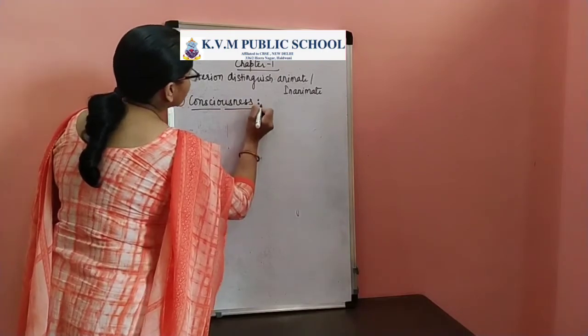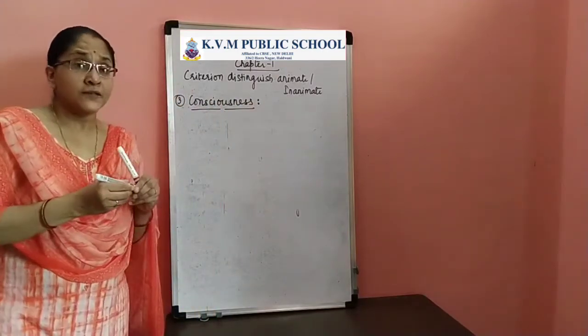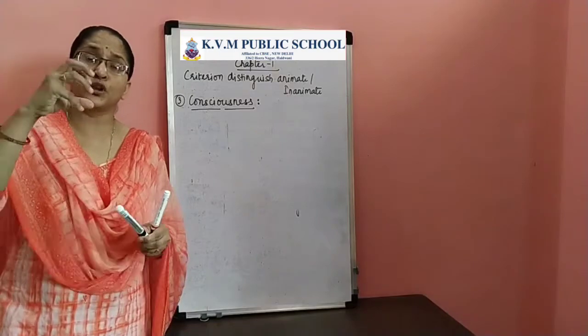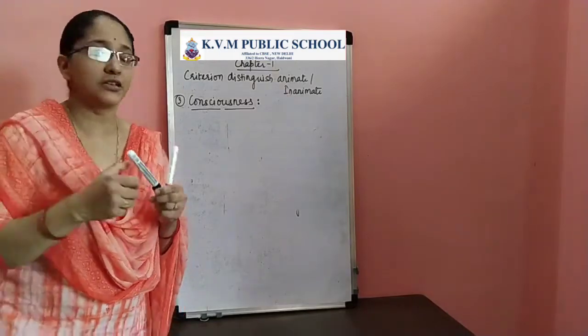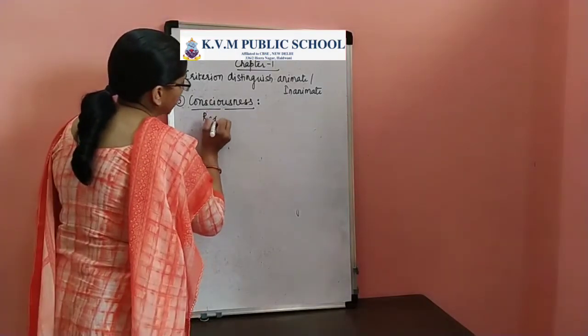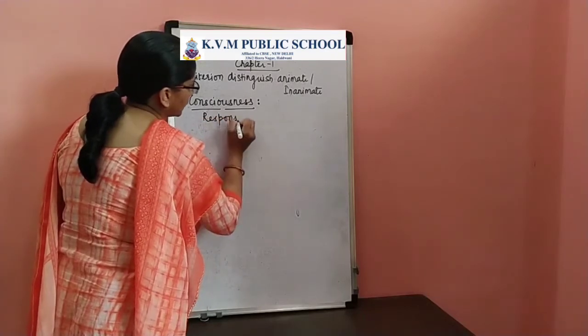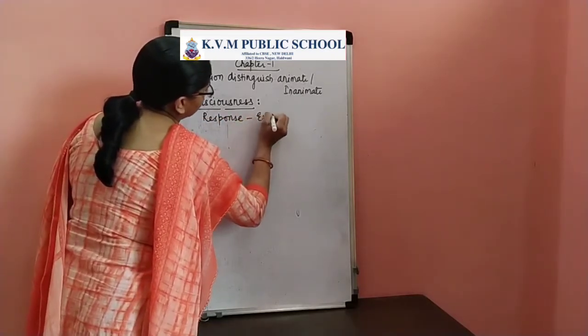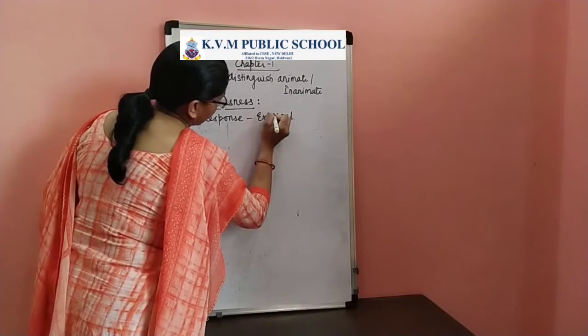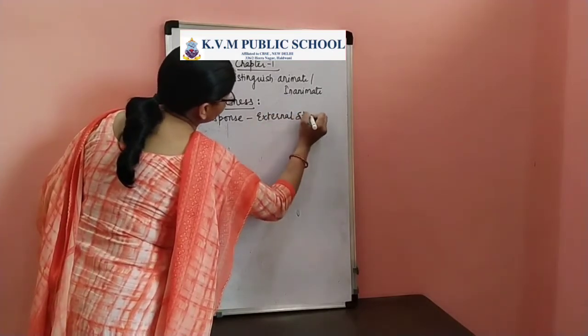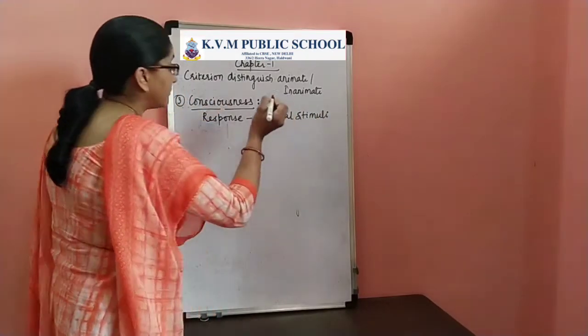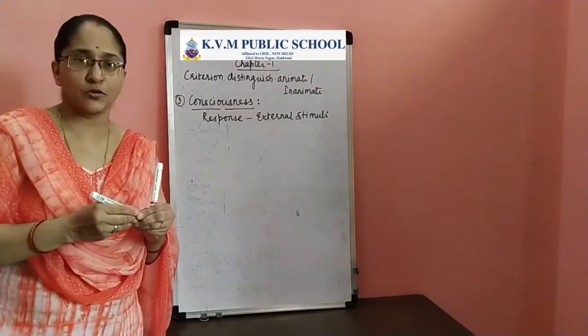Now when we talk about consciousness, that refers to the response of an organism to external stimuli. If we are talking about Homo sapiens, this response is brought about by the nervous system.